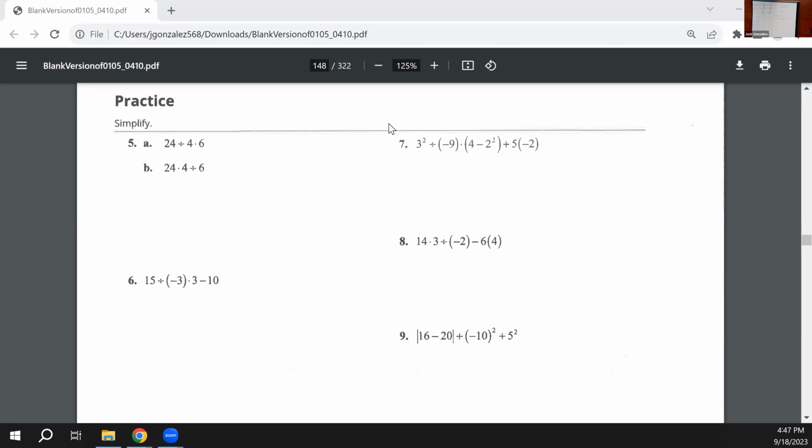Technically like this, and it turns out to be the same, because this is over 1. So then you get 24 times 4 over 6. 24 divided by 6 is 4. Is the same thing, right?